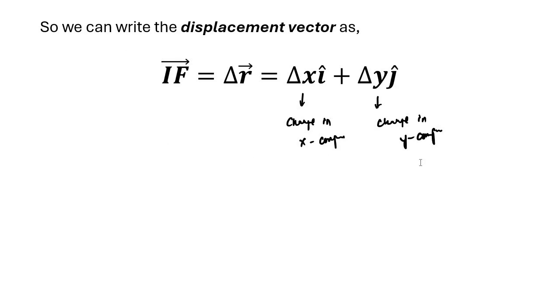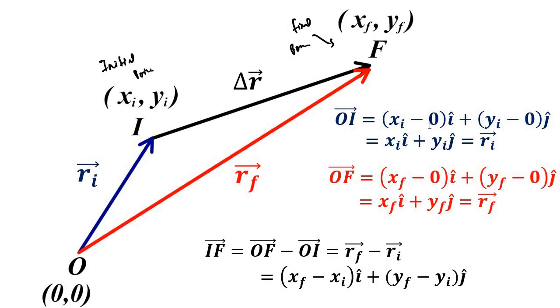Okay, so here don't get confused, I have written xi minus 0 because the position vector of the origin is 0 i cap plus 0 j cap.